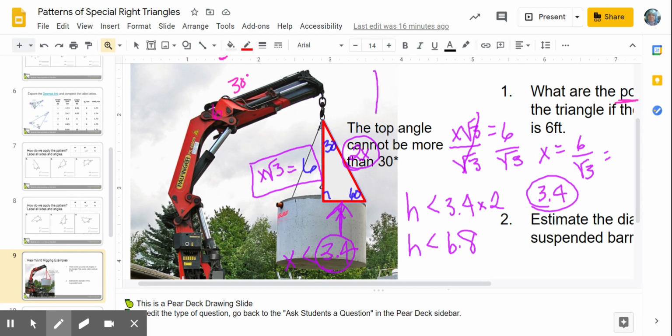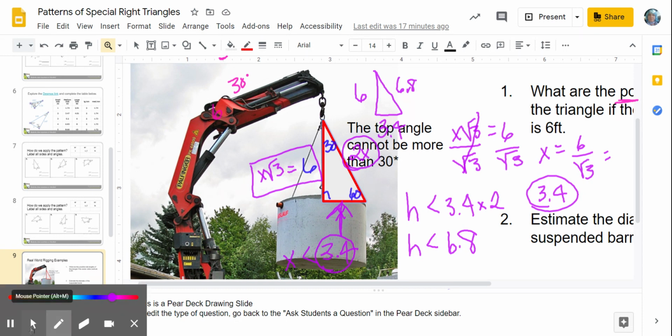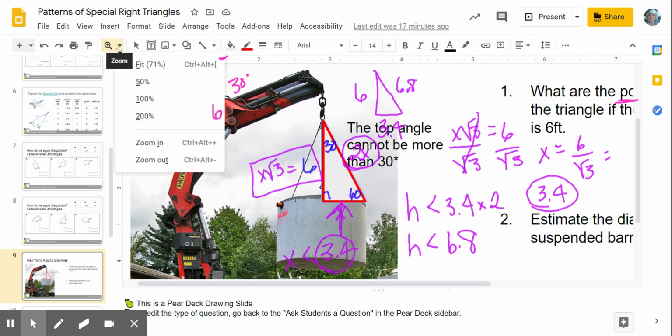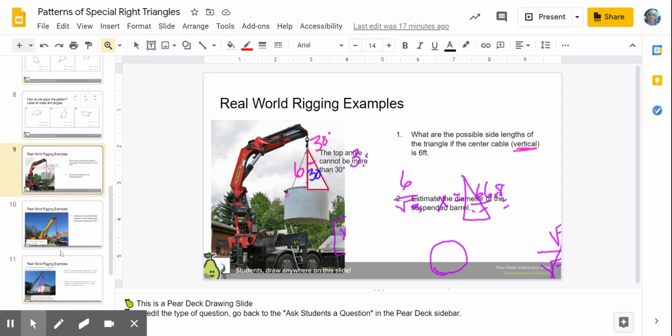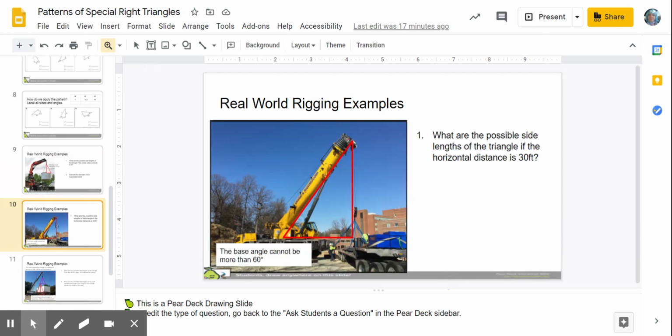So in my triangle, if this is 6, then this is 3.4, and this is 6.8. Does that make sense? Kind of, sort of, maybe? Just like trig, it's going to take us a little while to establish the patterns.